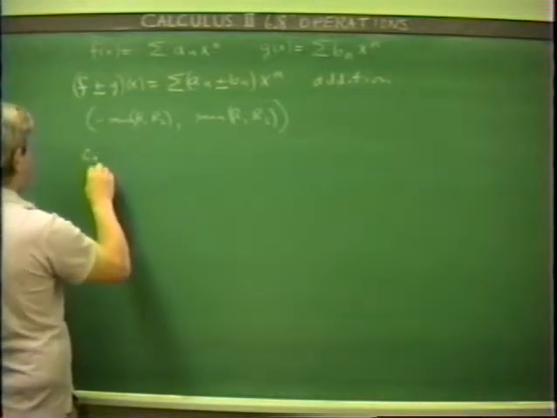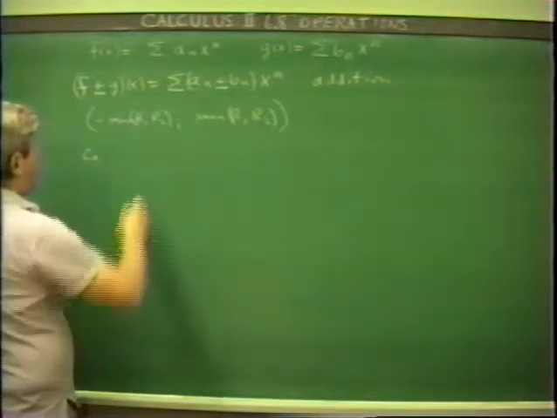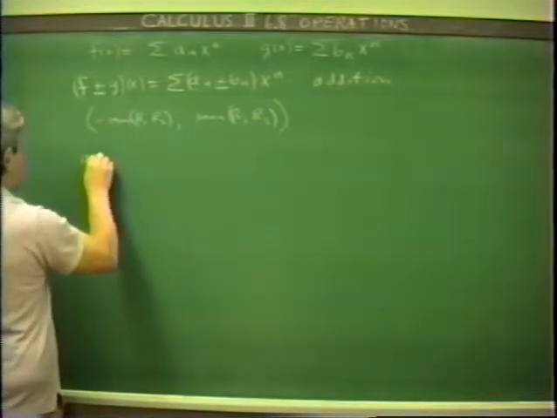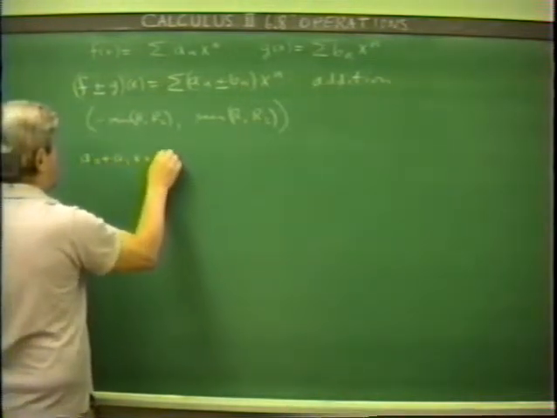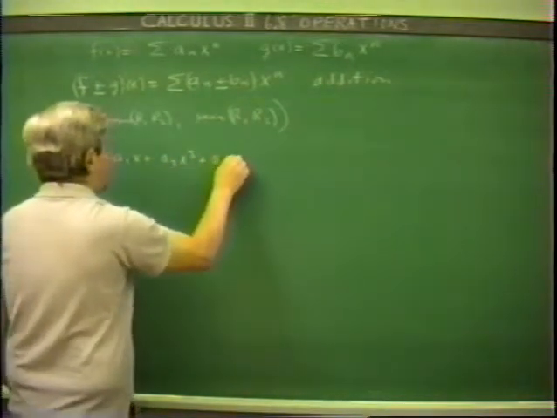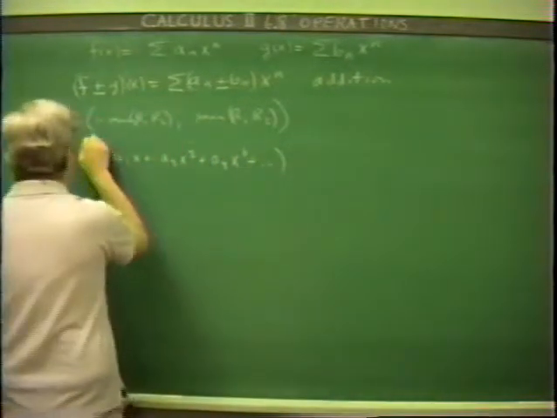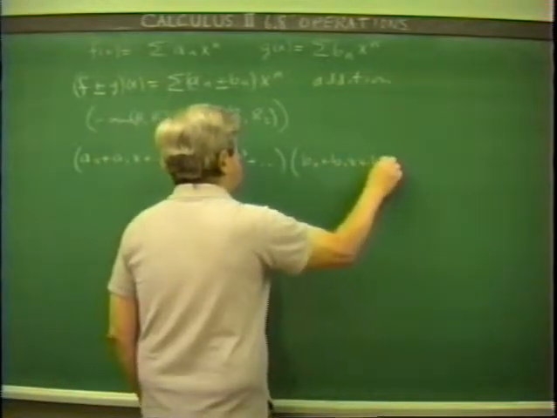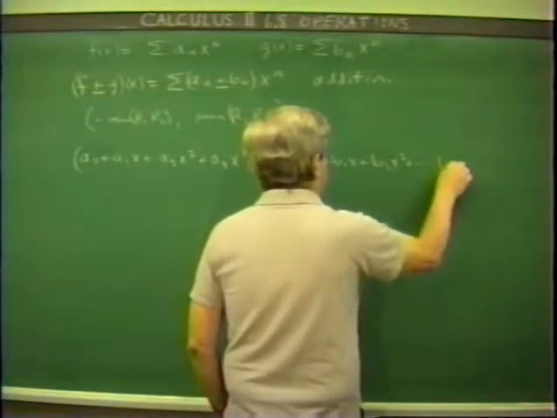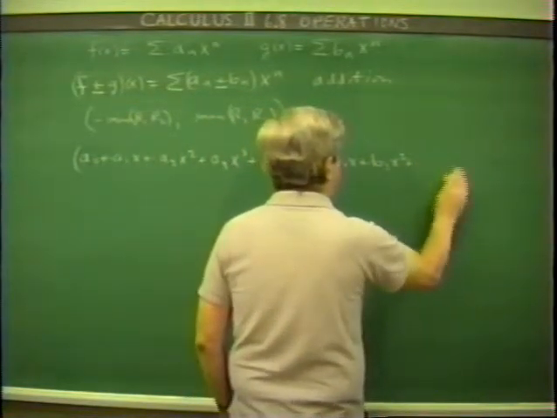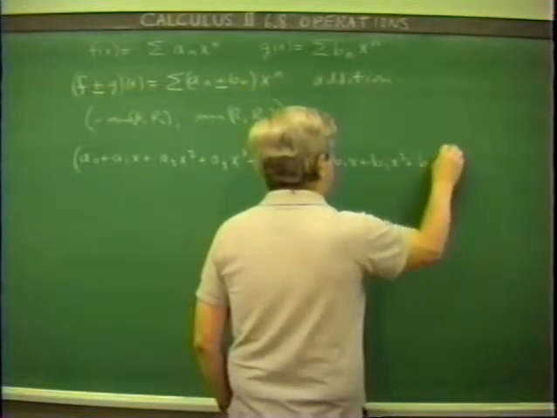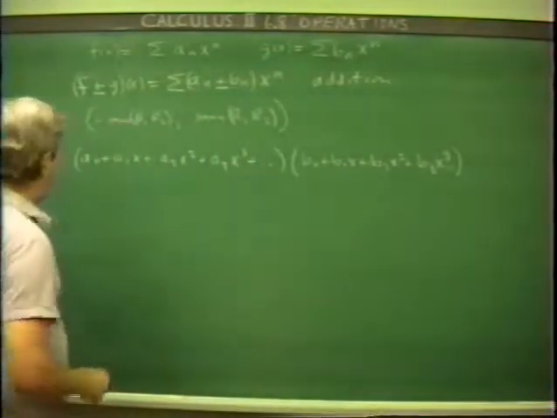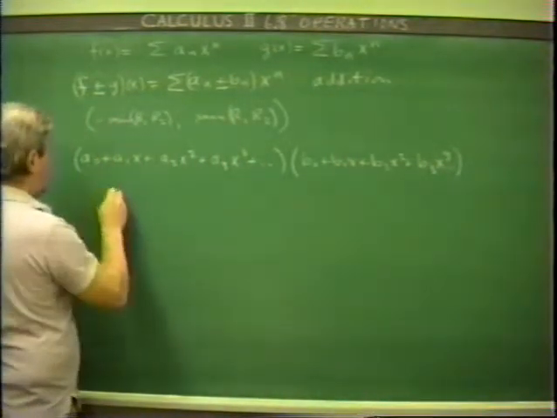For multiplication here, what we want to do is look at c_n, which we would get if we were to multiply these two together. Let's write this out. This is a0 plus a1 x plus a2 x squared plus a3 x cubed and so forth. We want to multiply this by b0 plus b1 x plus b2 x squared plus b3 x cubed and so forth.